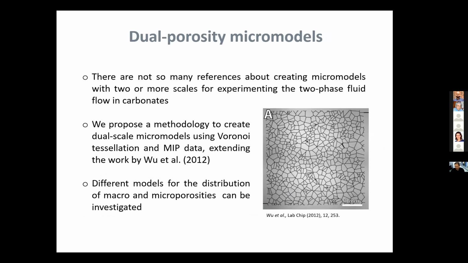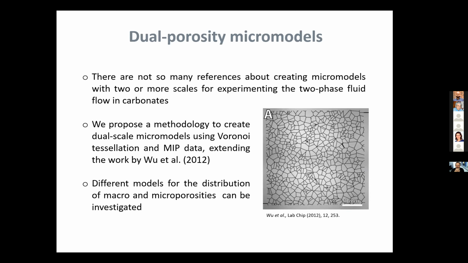In our case, we have realized that there are not many works about two or more scales microstructures. So, thinking about carbonate rocks, we have proposed a methodology to create a dual scale micromodel using a Voronoi tessellation method and including some information from experimental data.